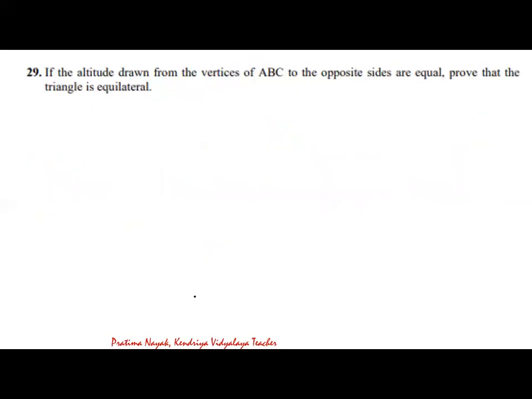Now, if the altitudes drawn from the vertices of a triangle ABC to the opposite sides are equal, prove that the triangle is equilateral. So I have to draw an equilateral triangle. What are equilateral triangles? When sides are equal.